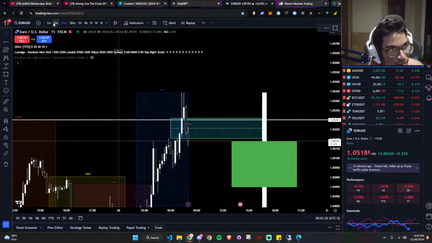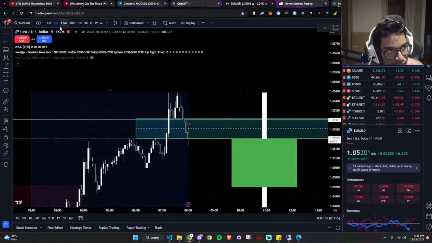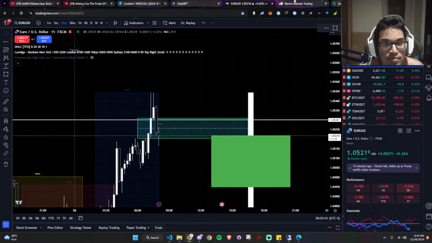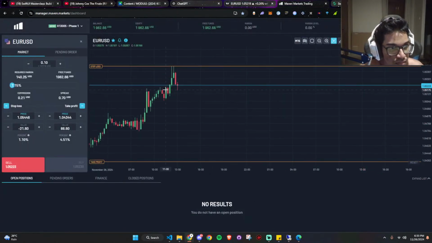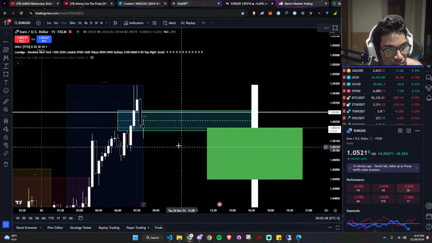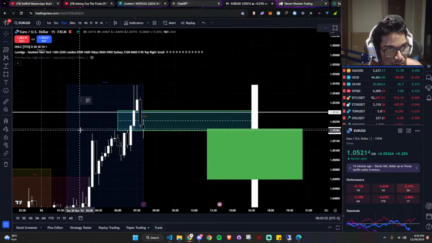Close below, come on. If this closes below, then I will take this trade. If it closes here, then I will take this trade.